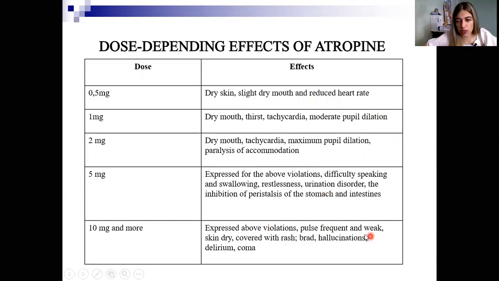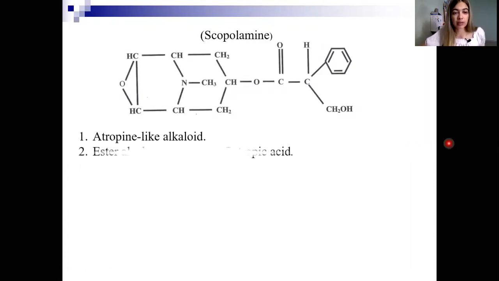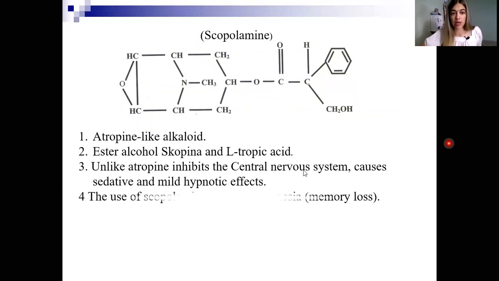And when you overdose 20 times, you see, 20 times, we have already quite serious complications like delirium, coma, hallucinations, and so on. So you should be very careful with atropine and overdosing it.